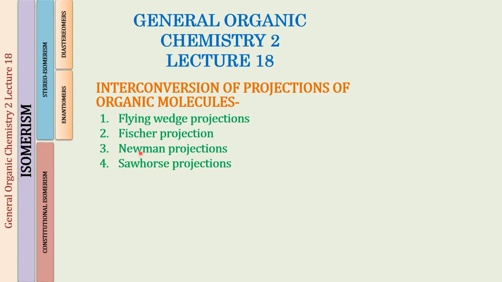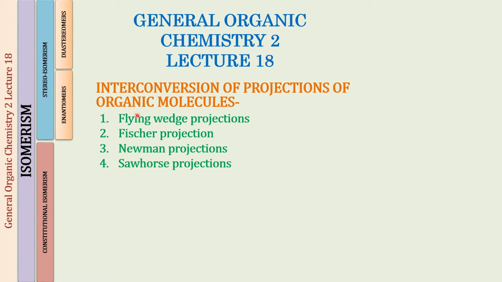For example, a Newman projection is very helpful in finding out about conformational isomerism, looking at the various conformers. Similarly, a Sawhorse projection is very helpful when you are doing a chemical reaction to find out what product is going to be formed. A Fisher projection is very helpful to quickly see whether a meso compound has been formed or not.